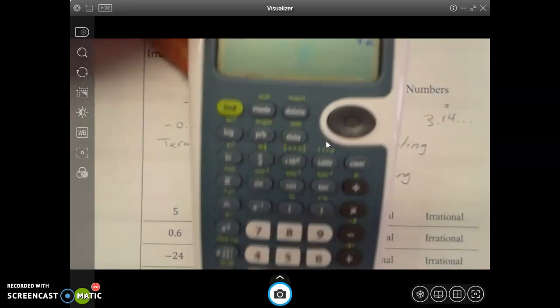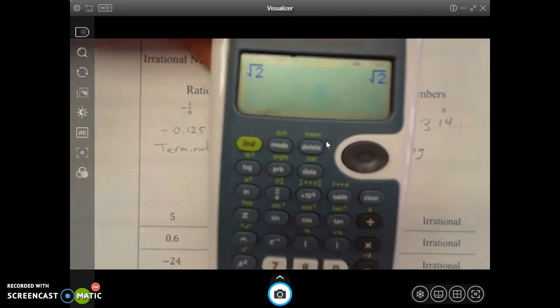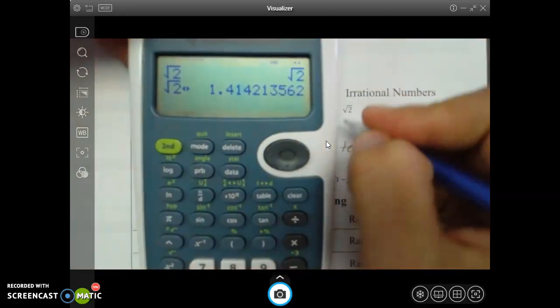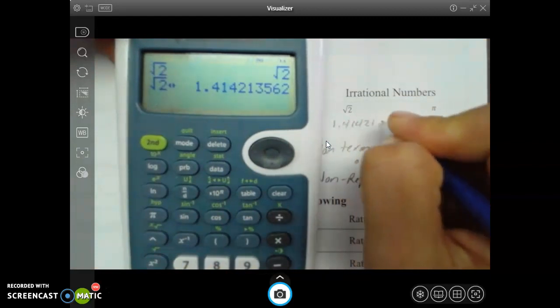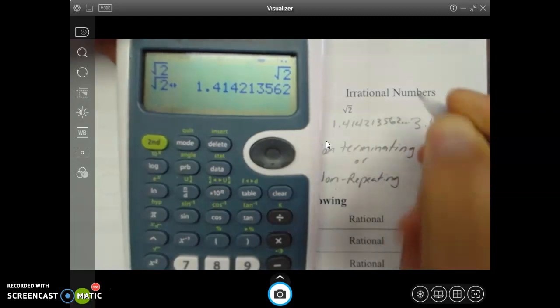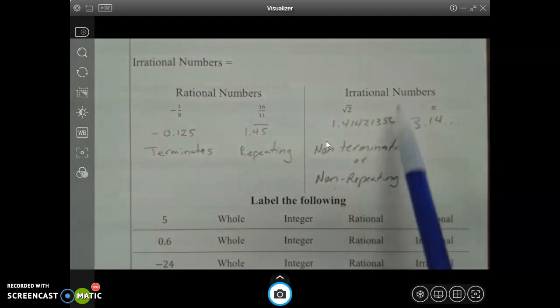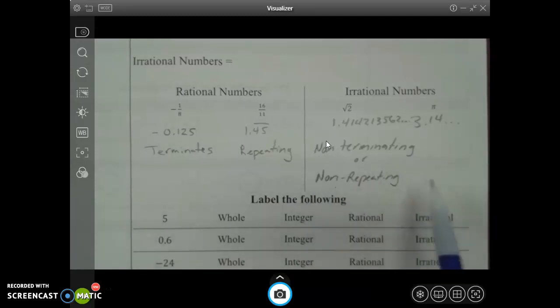So I want to hit this double arrow key to get the decimal equivalent. We get 1.41421356, and that's going to keep going. That doesn't end at 2, it's just going to keep on going. So those are both examples of irrational numbers because they are non-terminating and non-repeating.